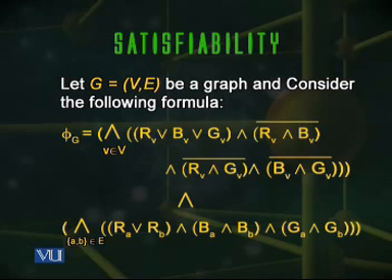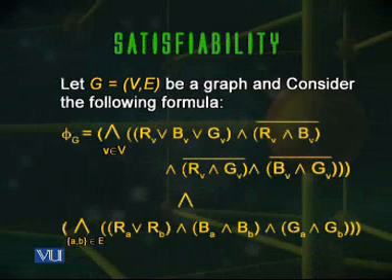If you look inside the bracket, that is just the formula which is true if and only if the vertex V is assigned a unique color out of red, blue and green. Since I'm ANDing it over all the vertices, I'm saying each vertex must be assigned a unique color out of red, blue and green. So any assignment that satisfies the first part of this formula must correspond to a coloring of the vertices in which each vertex is assigned a unique color out of red, blue and green, and no vertex is left uncolored.